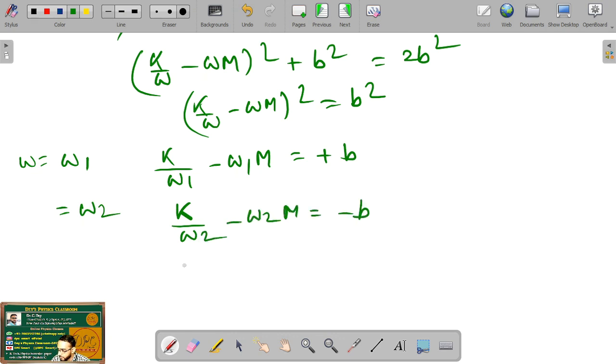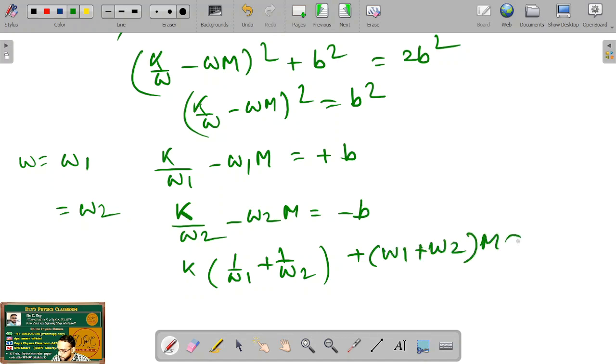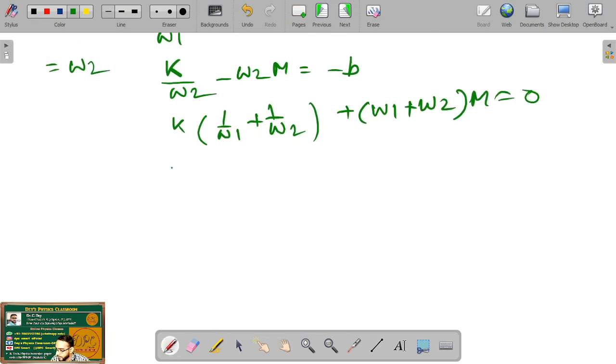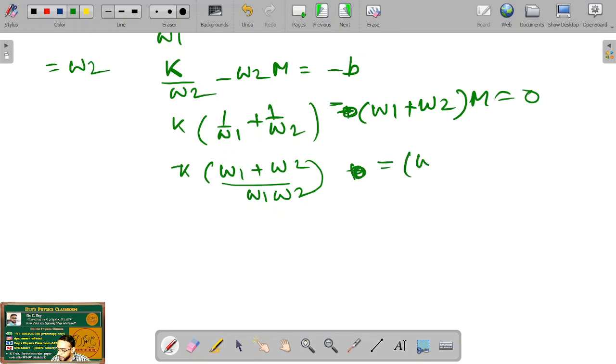If we add these two, we will get k into 1 by omega 1 plus 1 by omega 2, plus omega 1 plus omega 2 into m, that would be 0. Or k into omega 1 plus omega 2 divided by omega 1 omega 2, here it will be minus, equals omega 1 plus omega 2 into m.